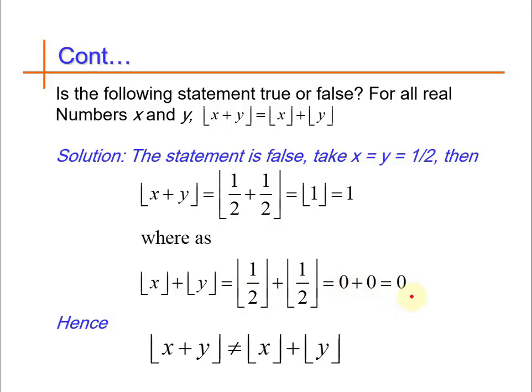So 0 plus 0 is equal to 0. So for this value of x and y, this equality does not hold. So this statement is not true in general. For some values it is true and for some values it is false. So generally we cannot say that this holds.